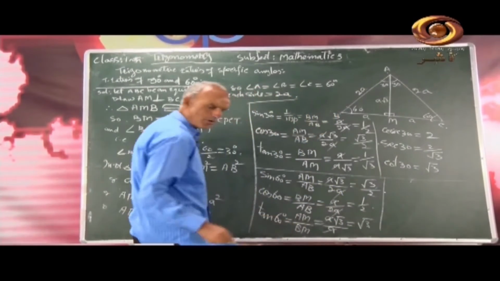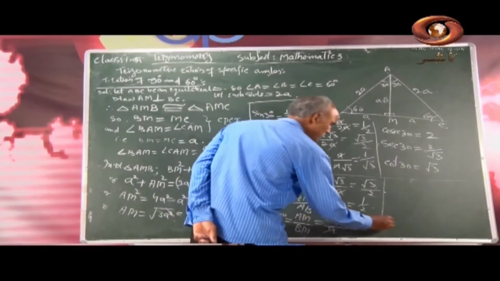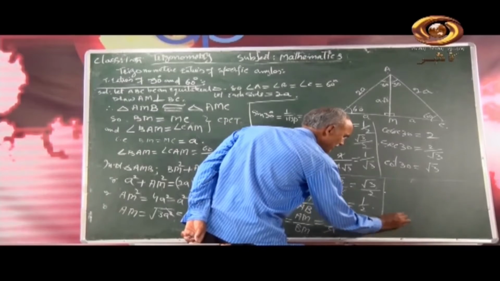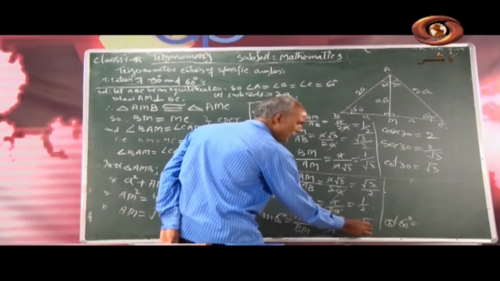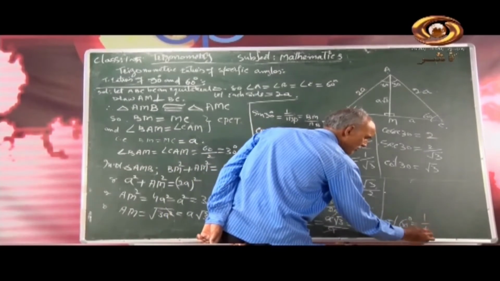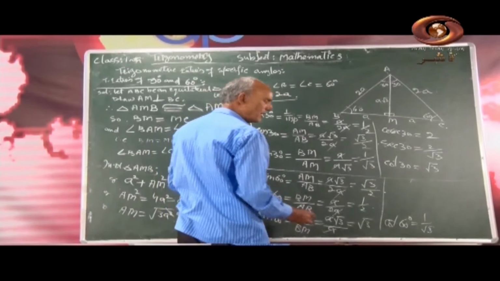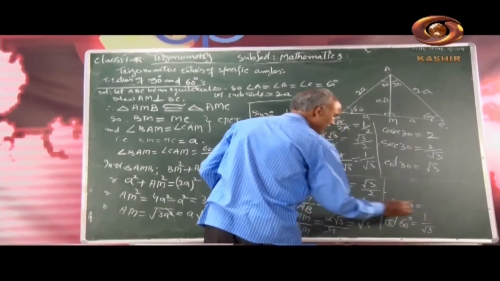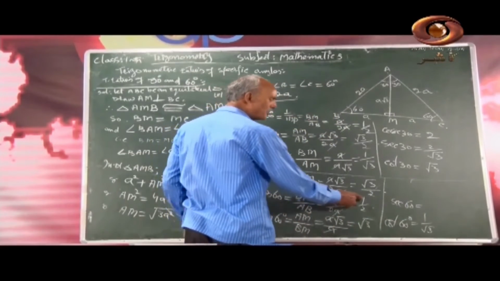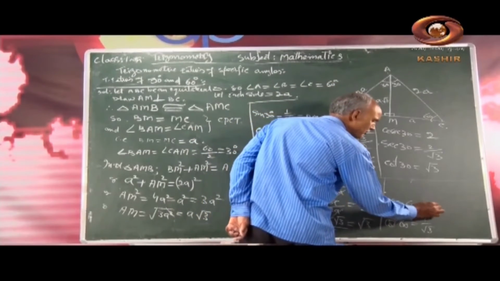Then we will take the reciprocals in a short style. The reciprocal of tan is cot 60 degree, which will be equal to, if this is root 3, its reciprocal is 1 by under root 3. And the reciprocal of cos 60 is sec 60, and the value of cos 60 was 1 by 2, so the value of this reciprocal will be 2 by 1, that is 2.